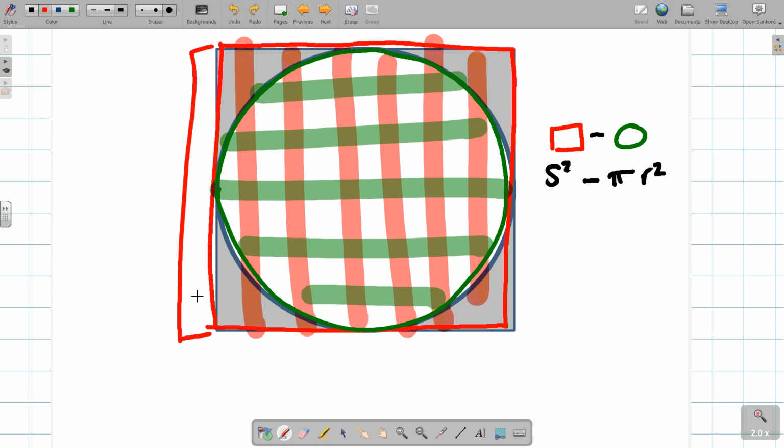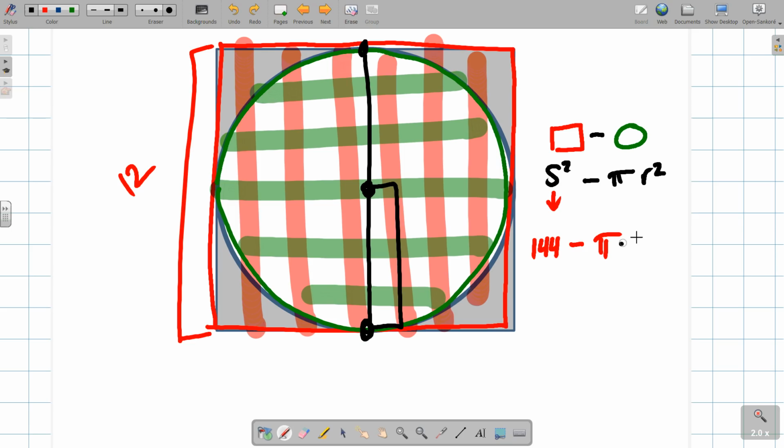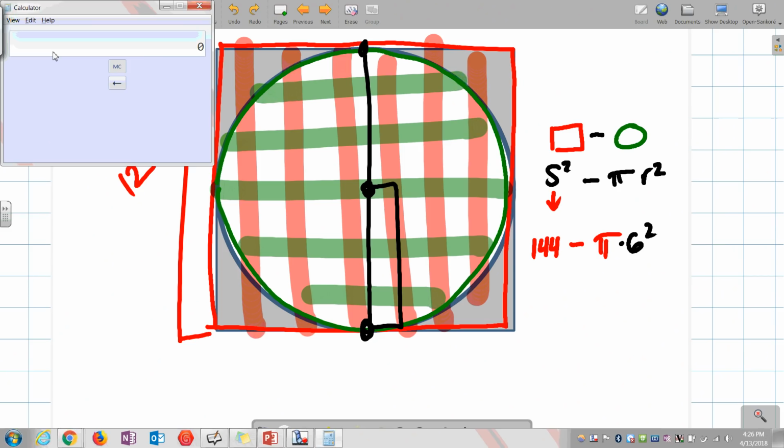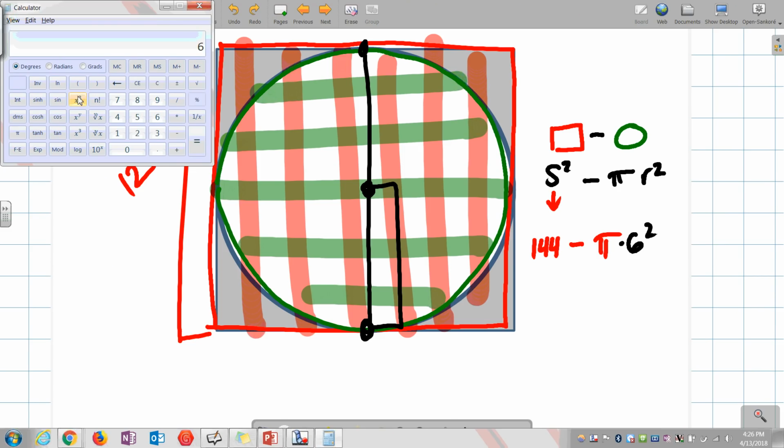So we were told that this is 12. So side squared is 144 minus pi. If that's 12, this is also 12, which means our radius is 6, times 6 squared. So we're going to go 6 squared times the pi key.